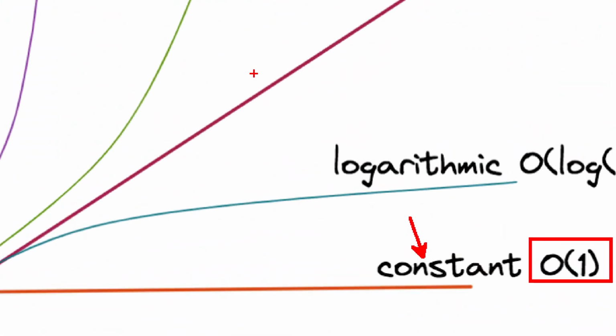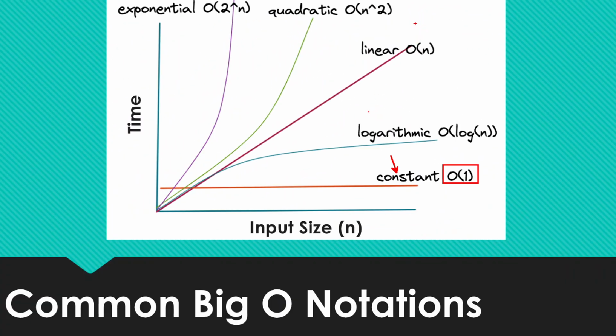Let's say we have an array that has several numbers in it. So we have an integer array like that one.